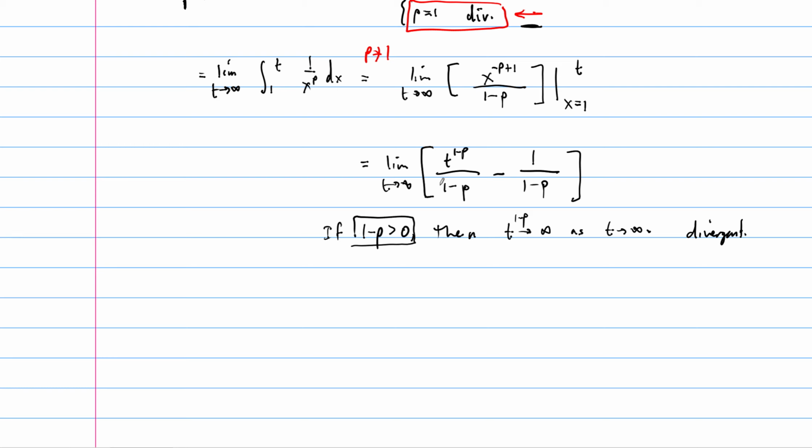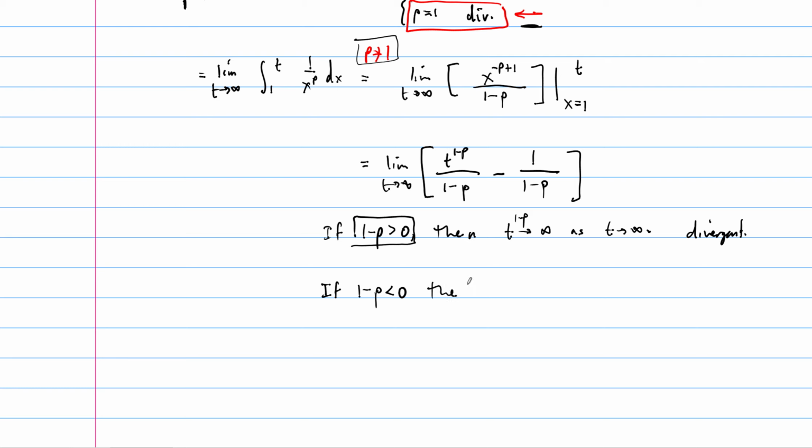And then what about the other case, right? We know that 1 minus p can't equal 0 because that was our assumption right here. If 1 minus p is less than 0, then this is t to a negative power. As t gets very large, this will get very small.